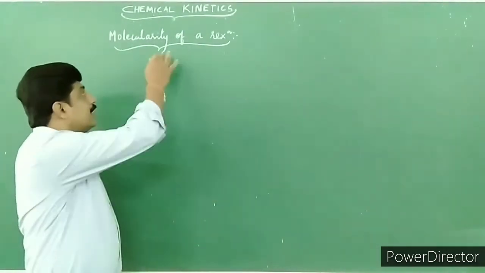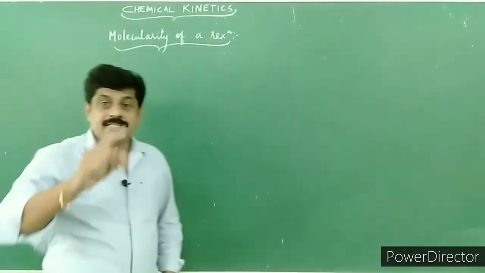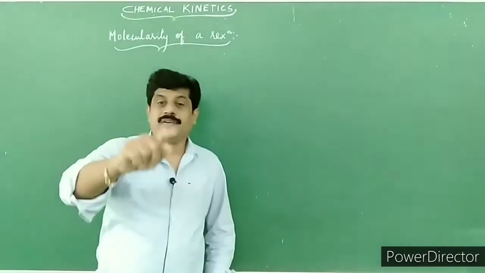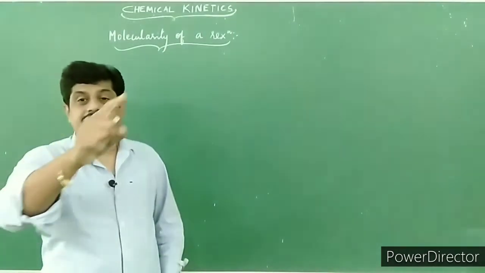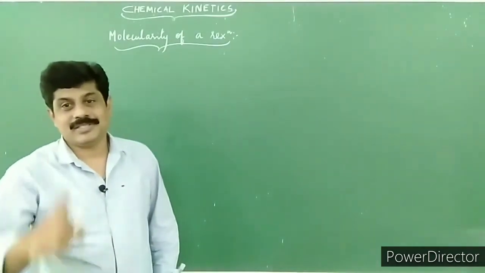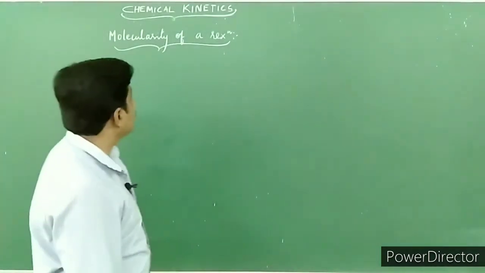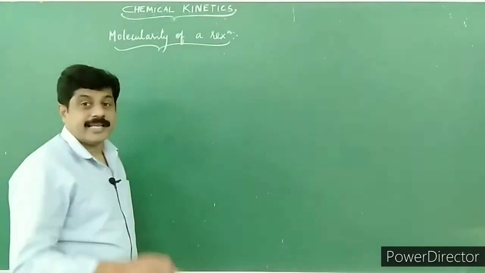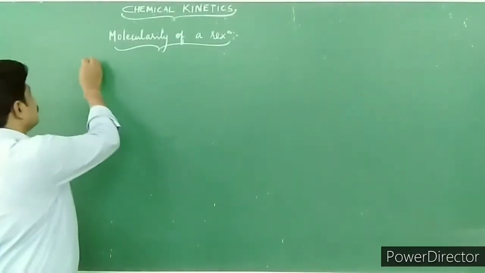Remember, molecularity of a reaction is different for different kinds of reactions, like elementary reaction and complex reaction. Children, let me take up the molecularity of a reaction for elementary reaction.